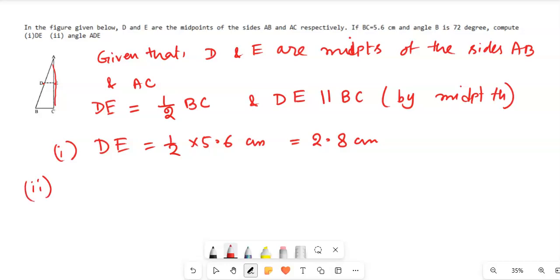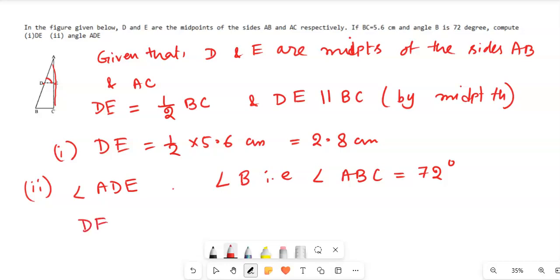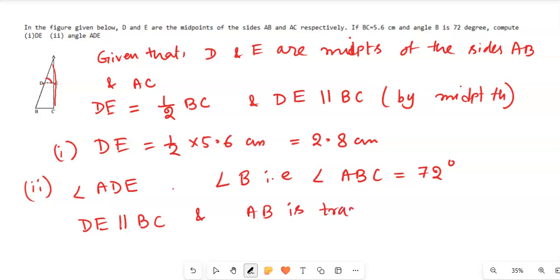Now we have to find the angle ADE, this angle. So given that angle B, that is angle ABC, is equal to 72 degree. Now DE is parallel to BC by midpoint theorem. Therefore DE is parallel to BC and AB is transversal.